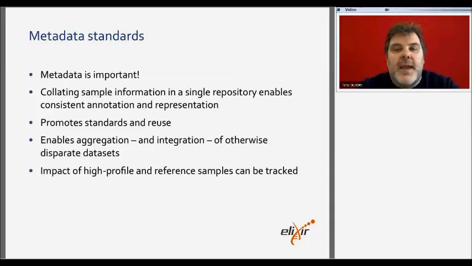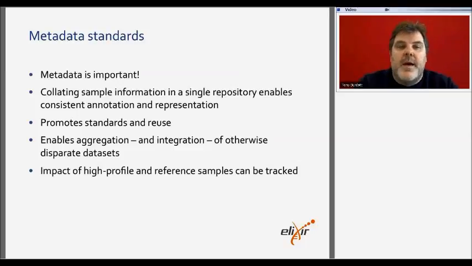Linking is one key aspect, but probably more important is capturing good quality metadata. And metadata is critically important to this process. Our hope is that by collating sample information together in a single repository, we can try and encourage consistent annotation, consistent representation. We can try and promote standards that are available in communities.